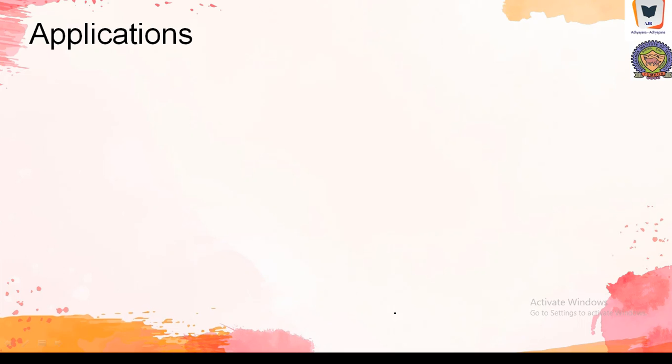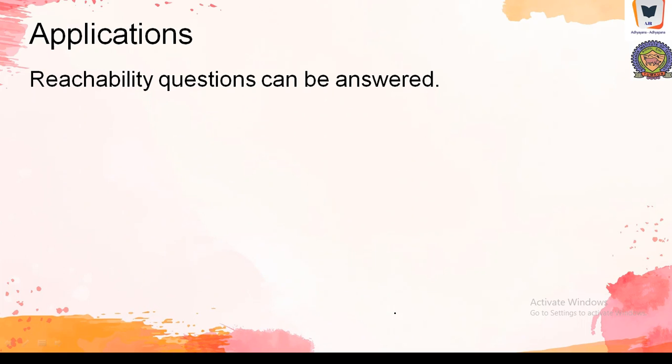There are several excellent applications that are being implemented in the real world. Reachability questions can be answered by just looking at the transitive closure of a directed graph.